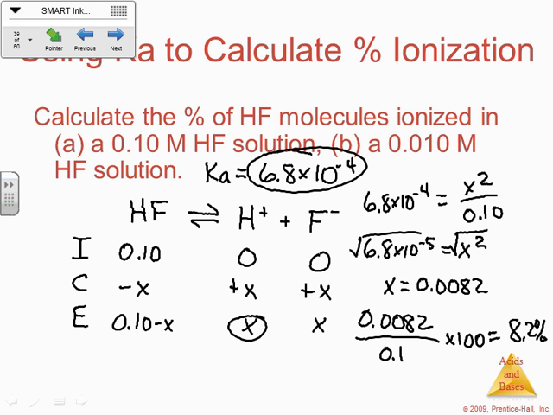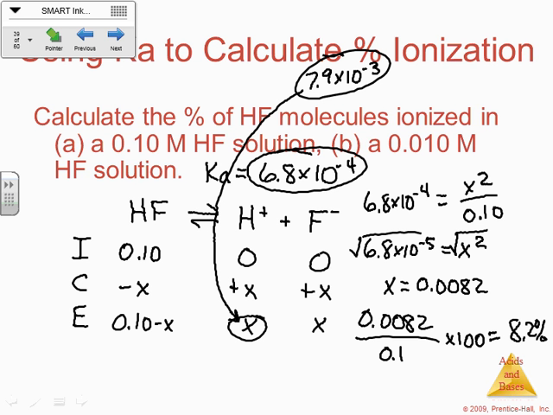But once you do, you get a different number. You get 7.9 times 10 to the negative third instead for your x value. So notice, there is a difference there. 8.2 times 10 to the negative third versus 7.9 times 10 to the negative third. It's not a big difference, but it is a difference. Once you find that number, then you can plug it in for x down here.